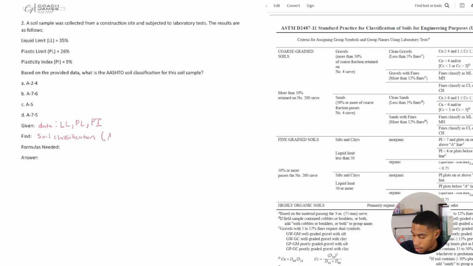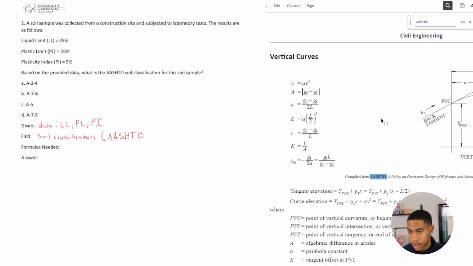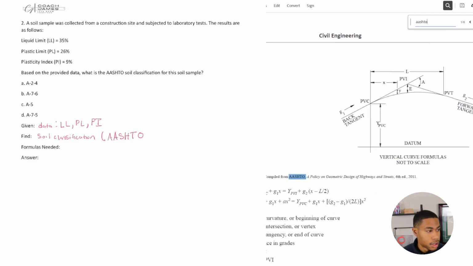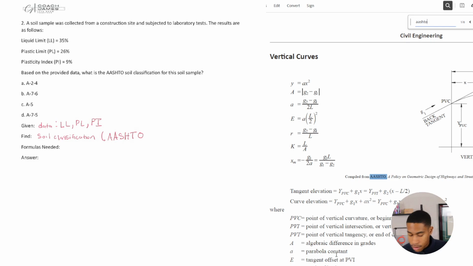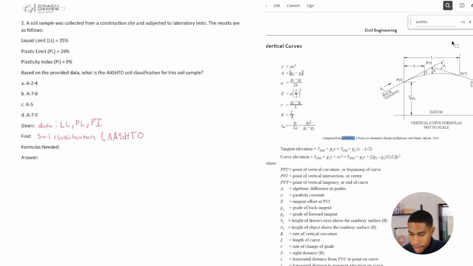But we're using the AASHTO method. So if I search AASHTO, let's see if anything comes up. Okay, compiled by AASHTO. This is transportation.